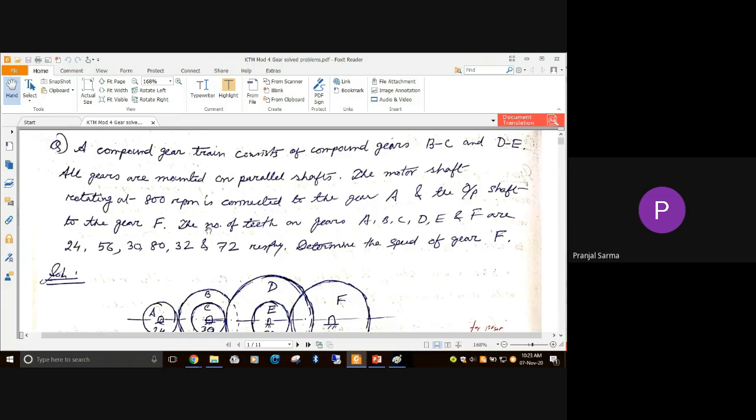The number of teeth on gears A, B, C, D, E, and F are given as 24, 56, 30, 80, 32, and 72 respectively.